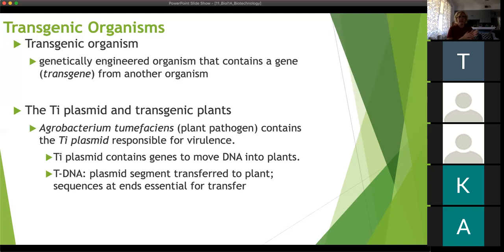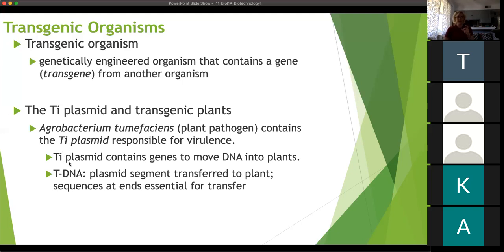This little piece of DNA in Agrobacterium is what's responsible for causing the disease in plants, causing those plant tumors. This is what causes crown gall disease, if you've heard of that, those big tumors that form especially on oak trees and things like that.